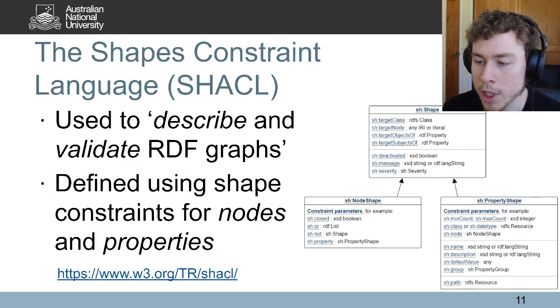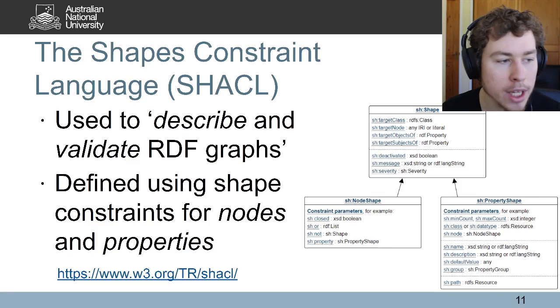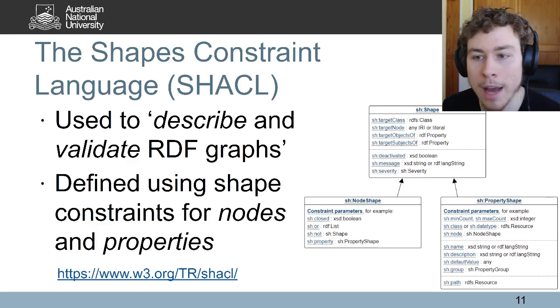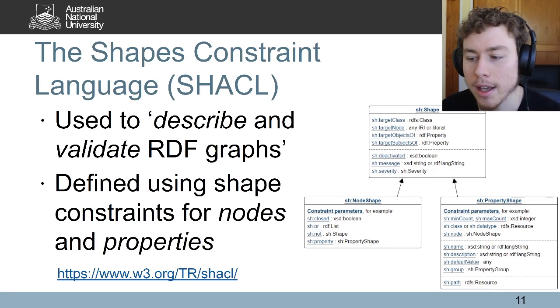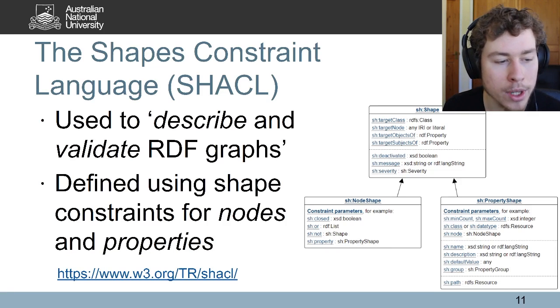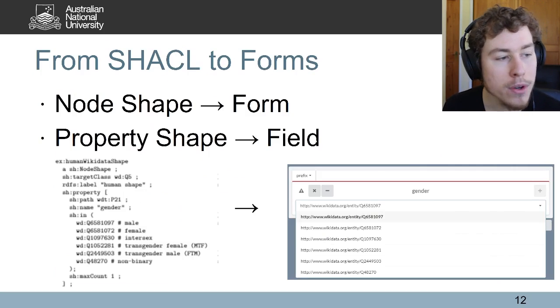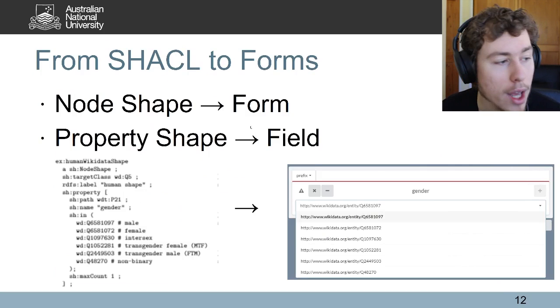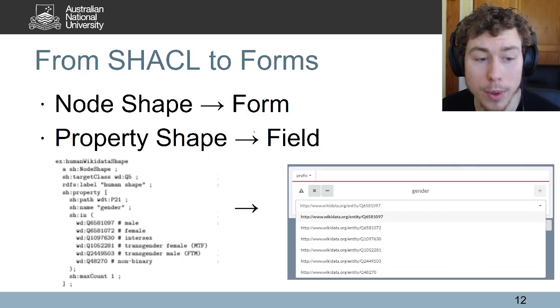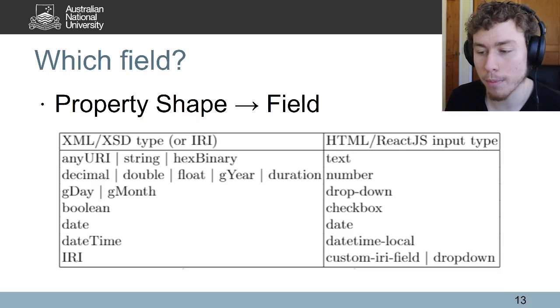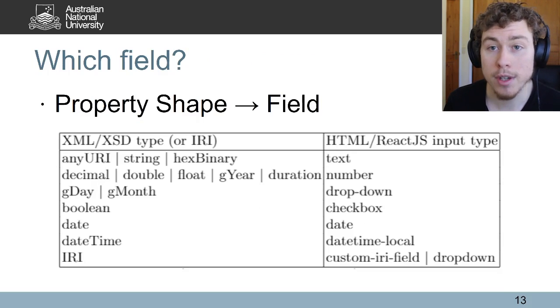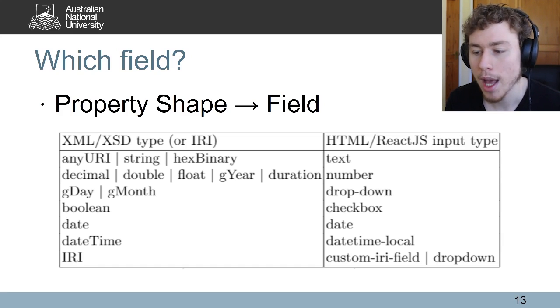So if we take a look at the SHACL constraint language, we know that it's used generally to describe and validate these RDF graphs. And the way that we use this constraint language is to map node shapes to forms and property shapes to fields within these forms. Let's have a look at how we generate these fields from property shapes. The first thing we do is look at the XSD type associated to a particular property shape.